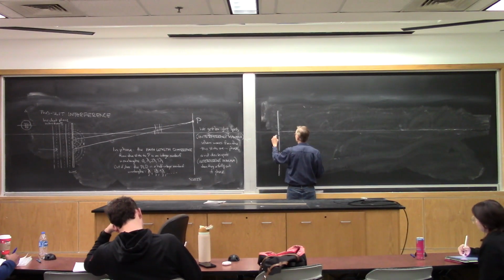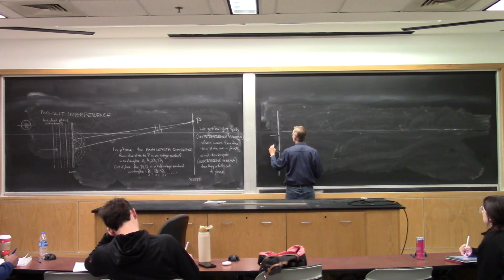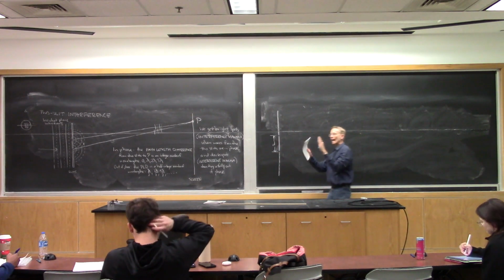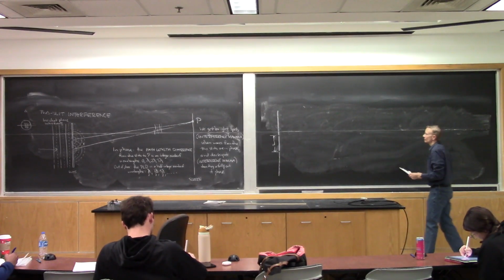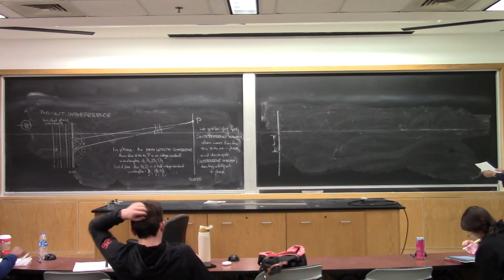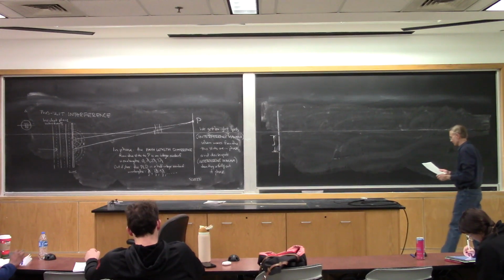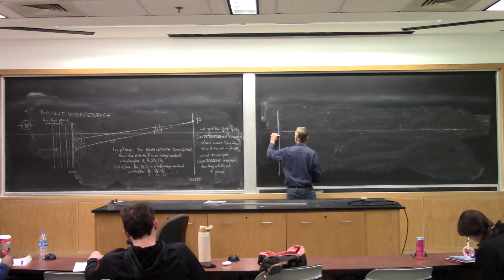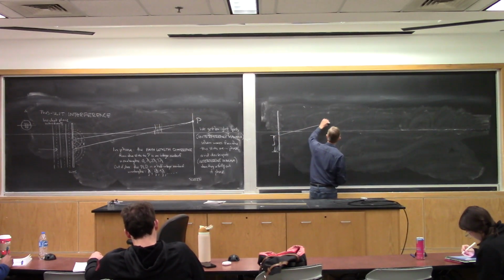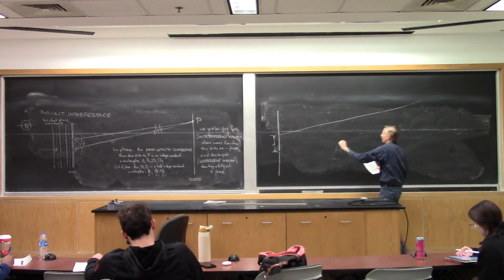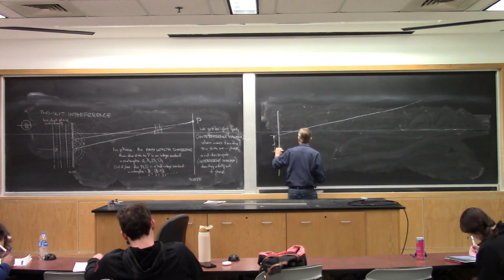And now we're going to say the distance between the two slits, we're going to call that D. Later we're going to call A the width of the slit. We're not worried about the width of the slit. That's where the diffraction lobes will come in, but we're ignoring that for now. So D is the distance between the two slits. Here is a portion of the waves from each slit heading off into the distance.